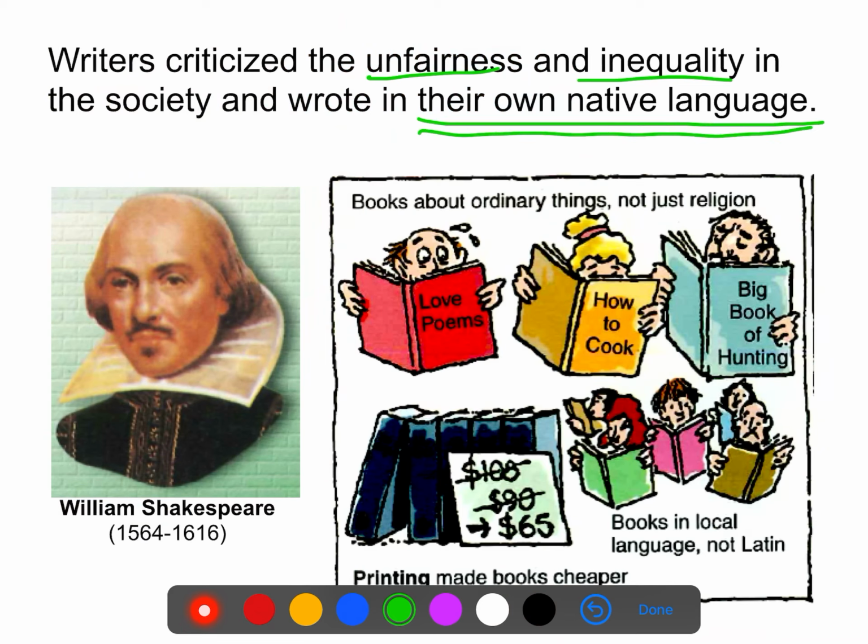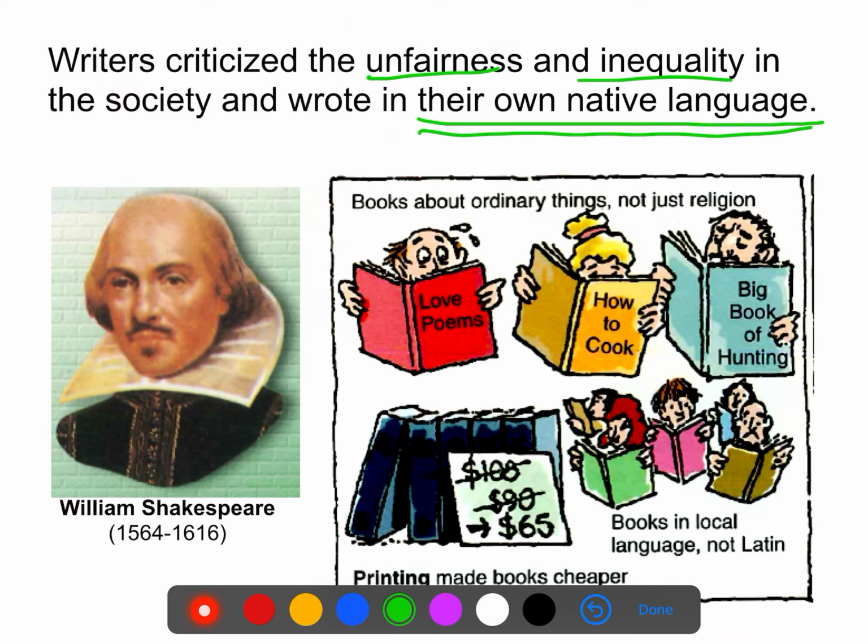If a book is written in Latin, people may not know how to read and write it. But now many books are written in the local language, their native language. As a result, many people can know what the books are about, and they are interested in learning because they can read their own language.